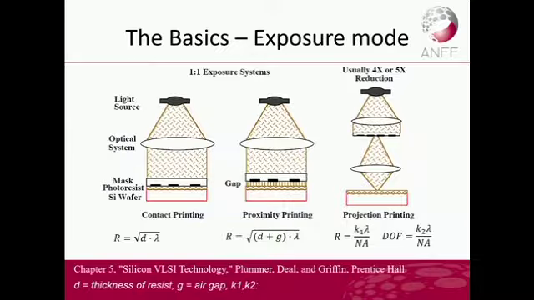With projection printing, you have the resolution with the scaling factor of k1 lambda over NA, which we covered earlier. However, you also have the depth of focus, which is k2 lambda over NA squared, and k2 is about 0.5 these days. If your depth of focus is too low, you will not be able to transfer the pattern into your resist film successfully.